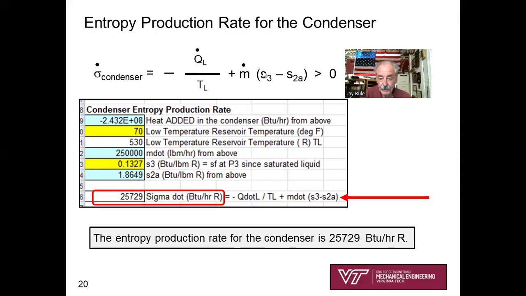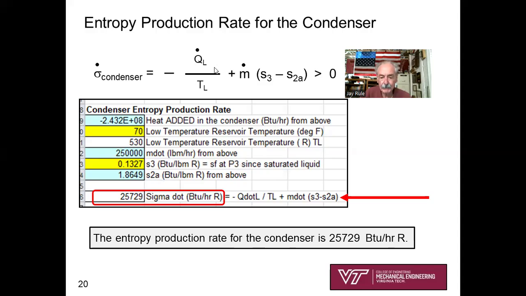S3, that was a lookup. That's SF at P3. I know it's a saturated liquid. And S2A, I got that from above, in my turbine outlet analysis, and that's 1.8649. I needed that for my turbine irreversibility rate analysis. I already had that.